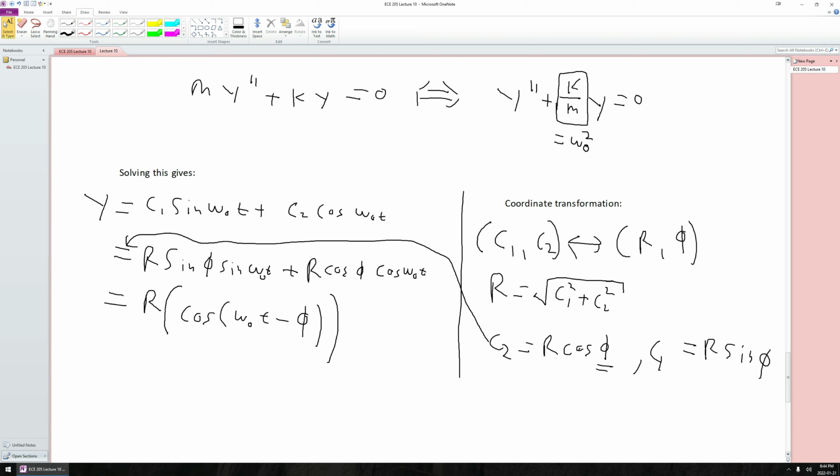So there are infinitely many values of phi that would satisfy this transform, right? Because there are infinitely many values that I can plug into cosine to get the same number coming out. And then this omega naught, we usually call the frequency of motion or the natural frequency. And the R, we usually call the amplitude of the wave.